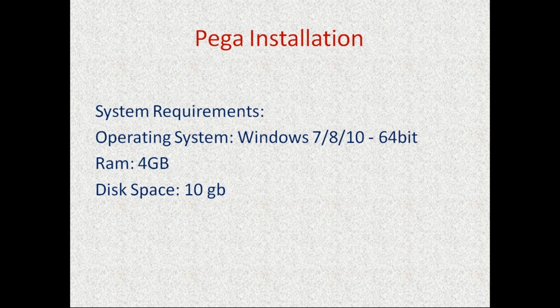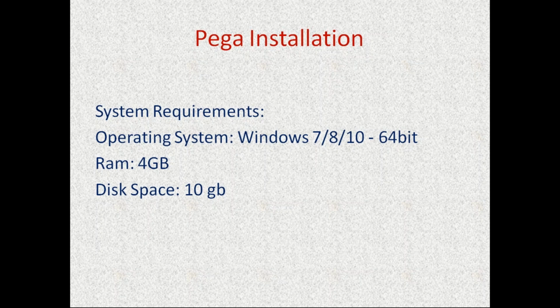And coming to the setup installation requirements, you can install this Pega setup on any operating system, but basically everyone will have Windows. On Windows, whether you are using Windows 7, 8 or 10, on any Windows platform we can install this setup, and make sure you have a 64-bit operating system.